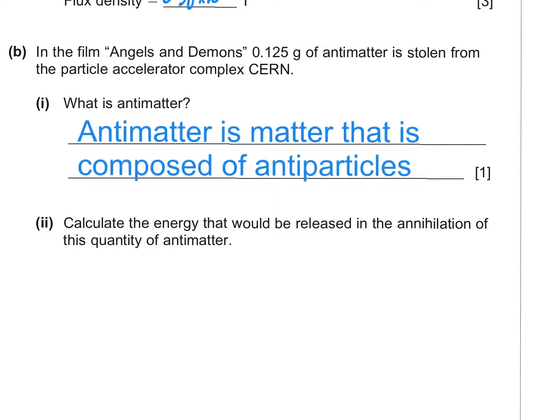So the mark scheme really just says that antimatter is matter that is composed of antiparticles, so we really tend to want to follow learning off answers that the mark scheme says. If they're asking specifically for a particular response, then we should be learning off that response.